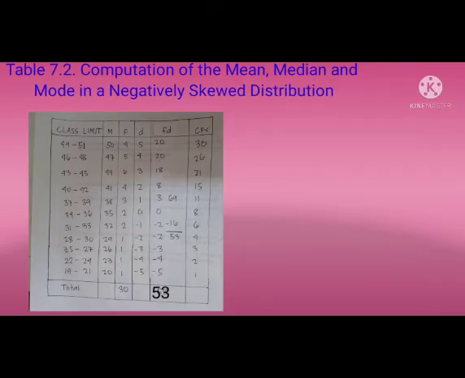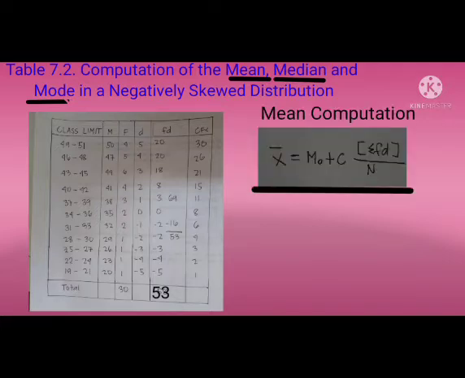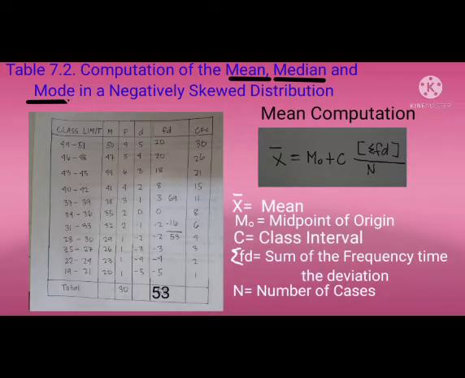Now, we need to compute the mean, the median, and the mode in a negatively skewed distribution based on the Table 7.2 data. First, we compute the mean using this formula: the mean is equal to the midpoint origin plus the class interval times the sum of frequency by deviation over the number of cases.